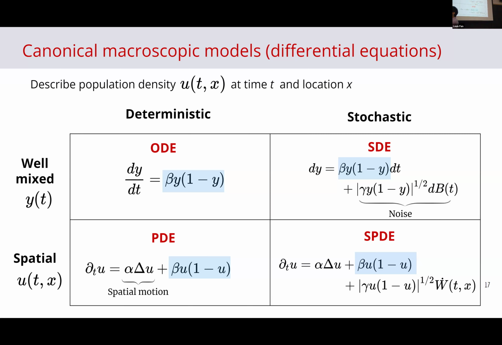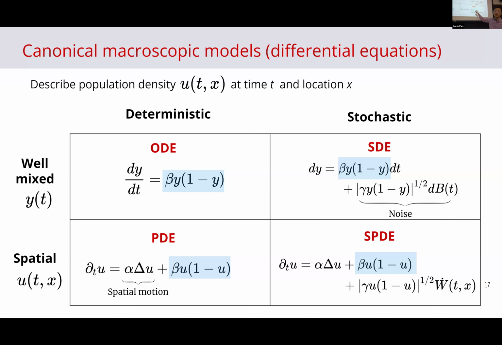So this Laplacian, the second partial derivative with respect to space, models spatial diffusion in continuum space. And this alpha is an extra parameter, the diffusion constant, that tunes how fast the individuals are dispersing or moving around.